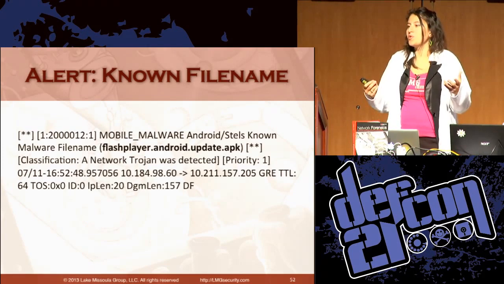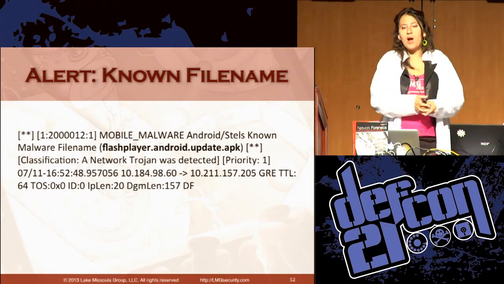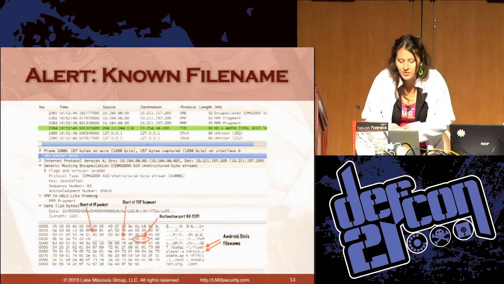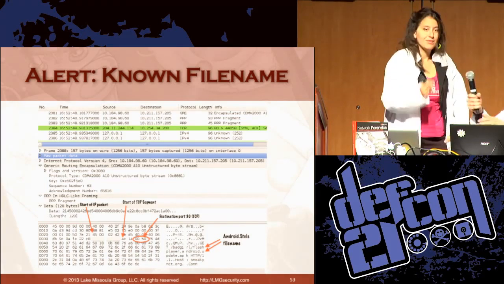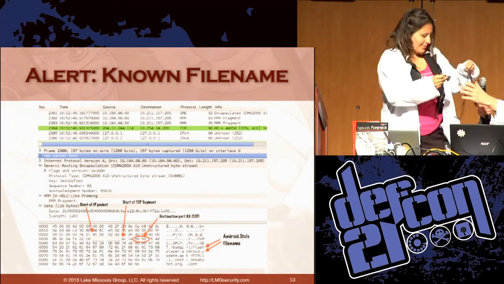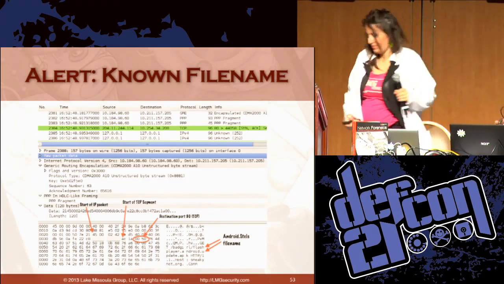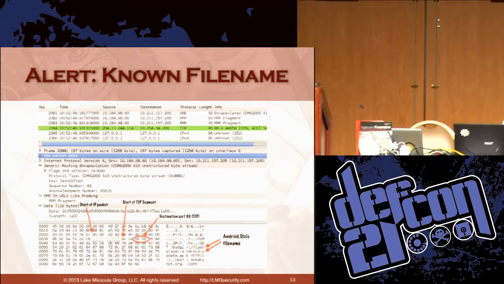So if you have users in your environment, or if you yourself are on your home network, you could see this alert pop up before you're even infected. And here's the, I think I'm going to have to pop down there again so I can see this. Sorry, sound guys. All right, so here you see the Android file name.